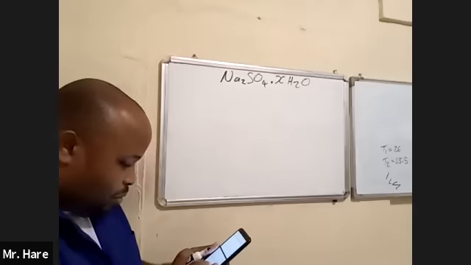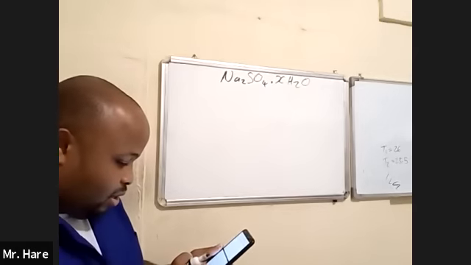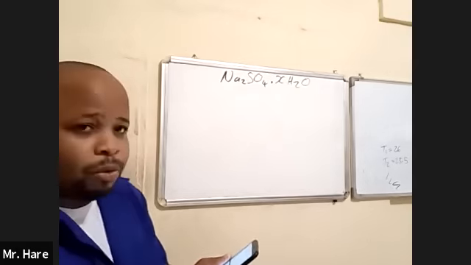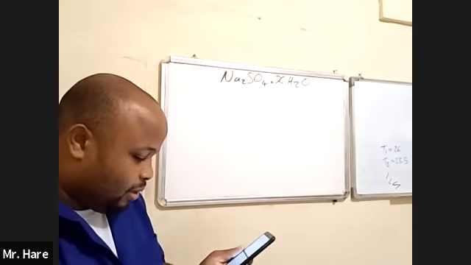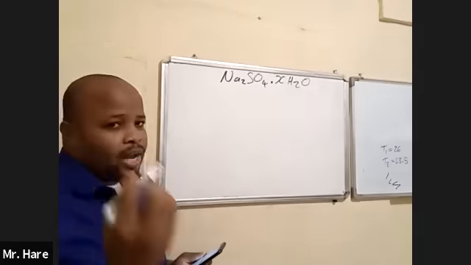Sir, we need the mass of the crucible. All right, we have the mass of the crucible. And then what are we going to use the mass of the crucible to help us calculate? The actual mass of the washing soda. All right, the hydrated and the anhydrous form.